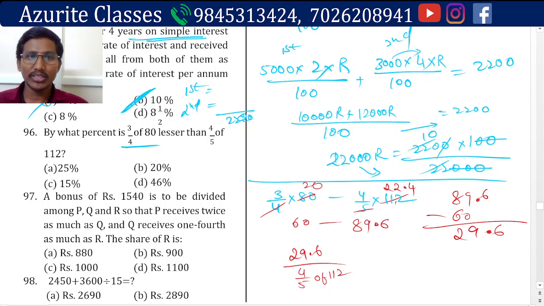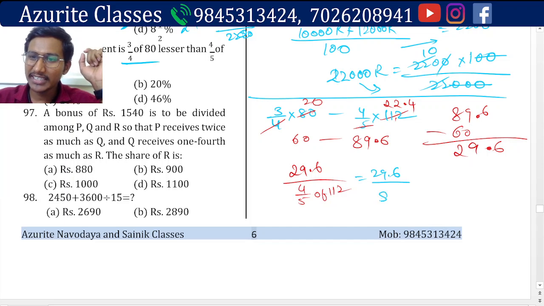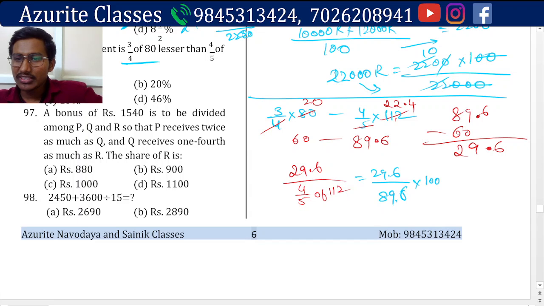So here we have to multiply into 100%. That is 29.6 divided by 89.6 into 100%. If you cancel it, there is no exact answer for this. So take it as grace, it will come nearly 33%.